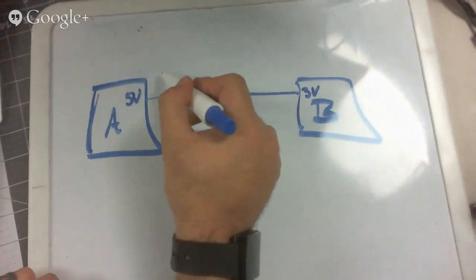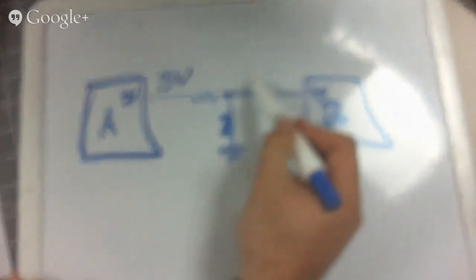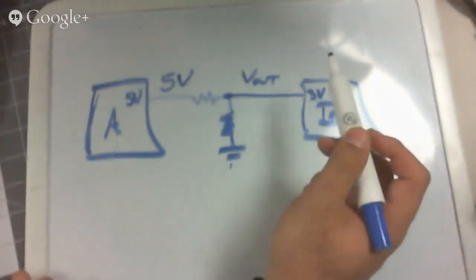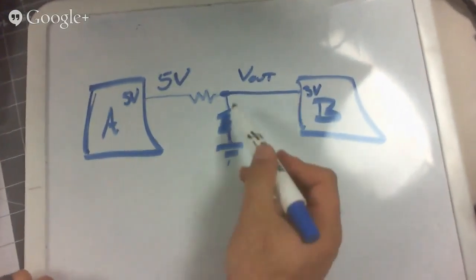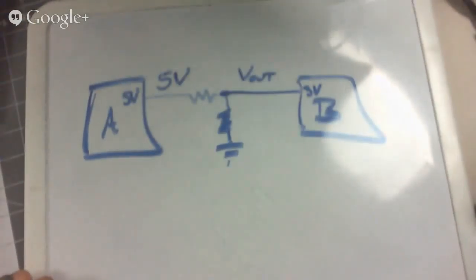If I put 5 volts here, what do I get out over here as V out? Well, it's related to what values you choose for the resistors.